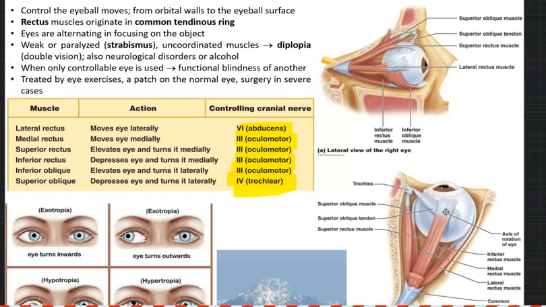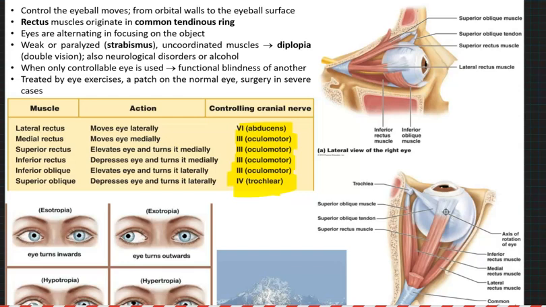You do not need to know which muscle is controlled by which nerve for an exam, okay? You do need to know what each muscle does. I will ask about that, and you should be able to identify those muscles on the images, but you don't need to know what nerve controls it.